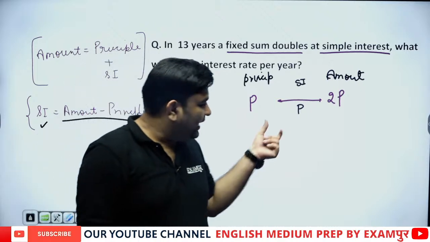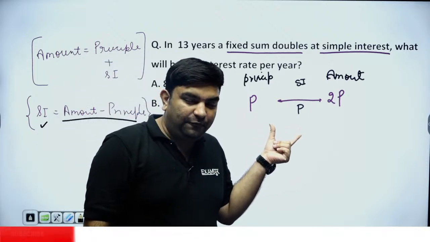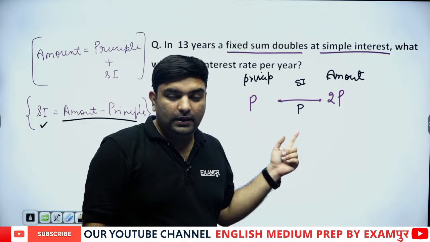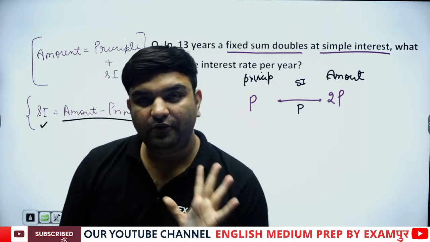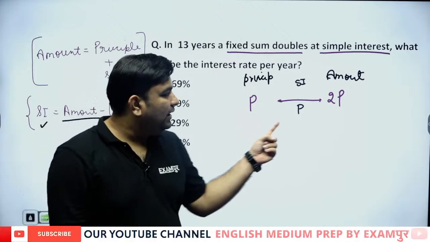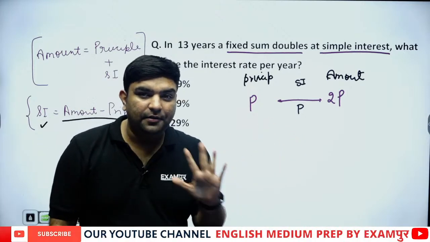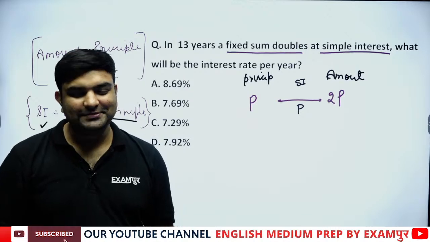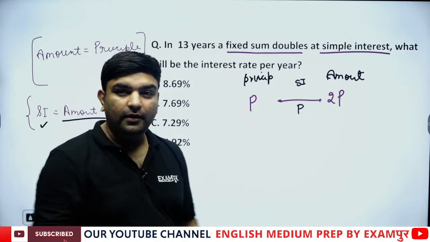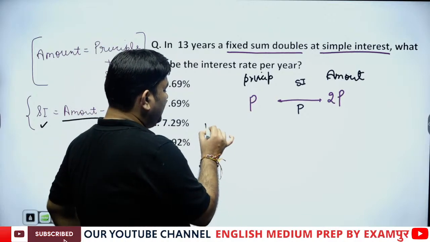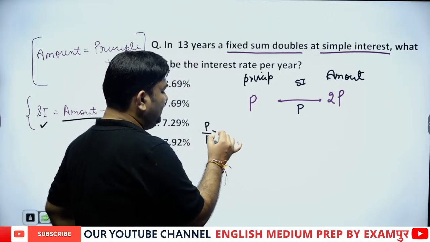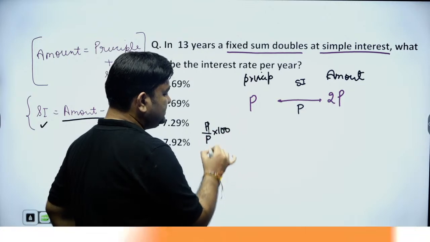Guys, interest of P over P, can I call this 100% interest? Obviously, P interest over the principal of P, into 100, is 100% interest.